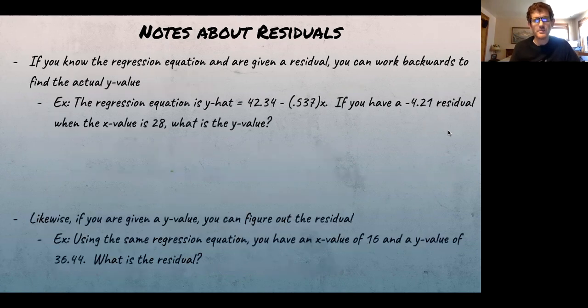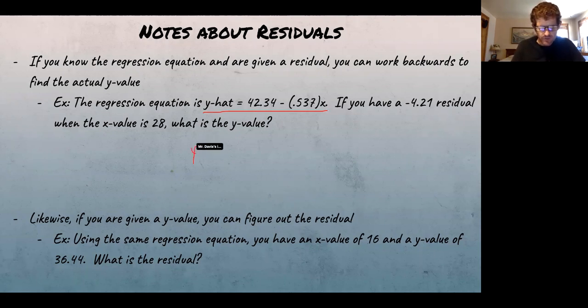Okay, so these are a couple of problems that we haven't as a class really gone through, at least not in, I think we did one similar to it. But if you know a regression equation and you know a residual, you can work backwards to find an actual y value. I didn't put context in this problem, but they might have given us some specific context.